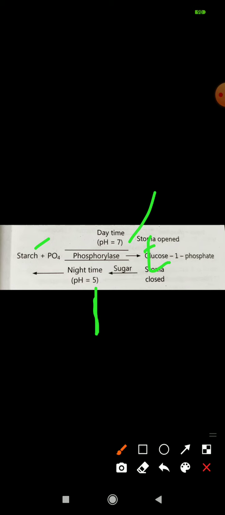Carbon dioxide is not utilized for photosynthesis during night, and due to this released carbon dioxide in the guard cell, the pH of the guard cell becomes 5, or acidic, which favors the conversion of sugar into starch. This happens during night time.